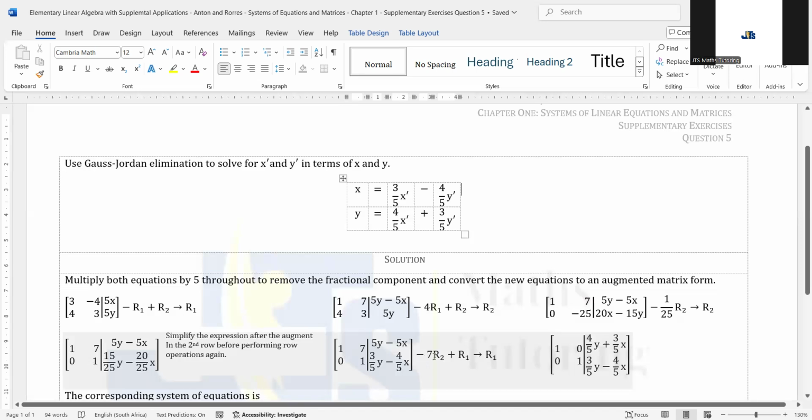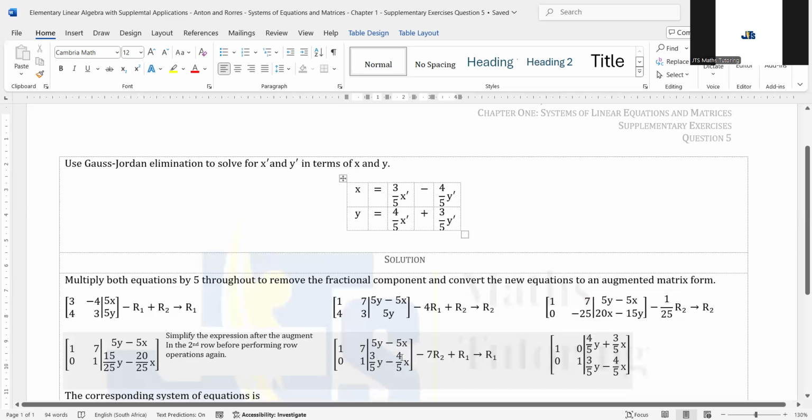So let's get going. -7 multiplied by 0 is 0, 0 plus 1 gives me a 1, nothing has changed there. -7 plus 7 gives me a 0 right here. -7 multiplied by 3 over 5y gives me -21y over 5, plus row 1, which is this 5y, so that's going to give me +25. So 25y minus 21y gives me a 4y, which is exactly what I have right here.